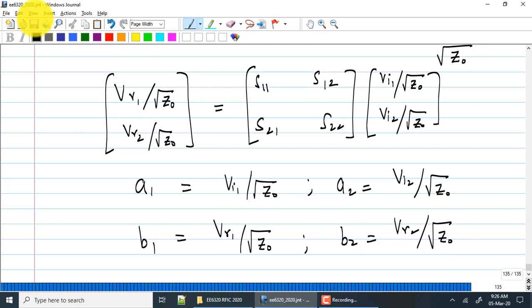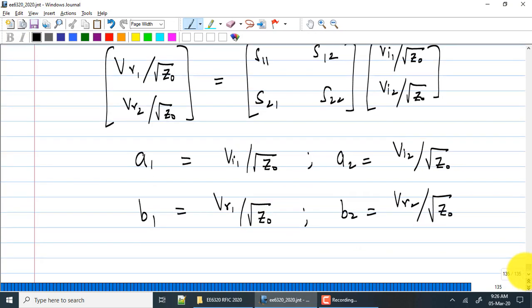Now, why do we apply this normalization factor? Any ideas why we would want to do it? If you square it, you get the power. Those who studied S parameters, this is something that is always mentioned, right?